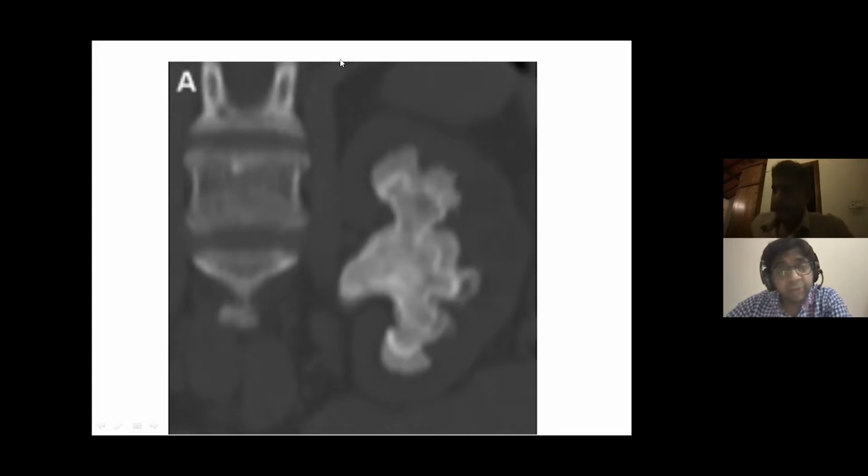That is stage 1 of that Staghorn calculi analysis. Then in stage 2 they did the retrospective analysis. Shall we go to the next question?